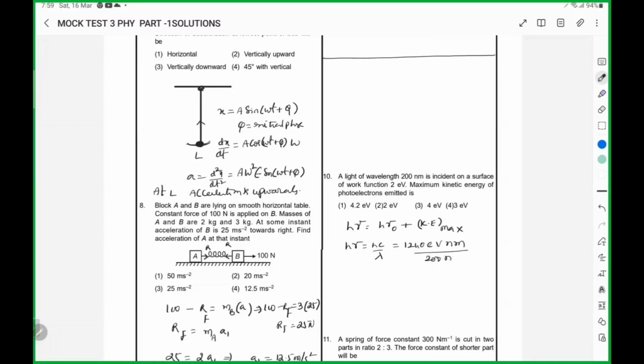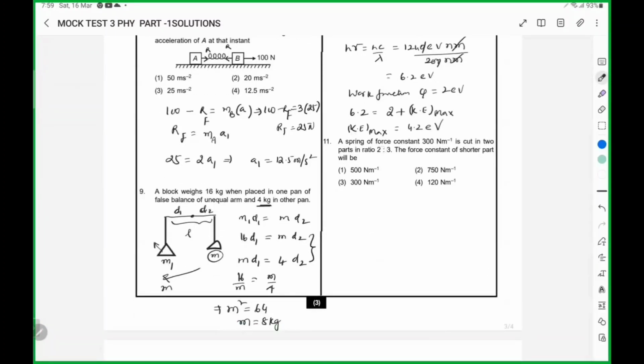Lambda is 200 nanometers, so it is 6.2 electron volts. Work function phi is given as 2 electron volts. 6.2 is equal to 2 plus kinetic energy maximum. So kinetic energy maximum here is 4.2 electron volts.